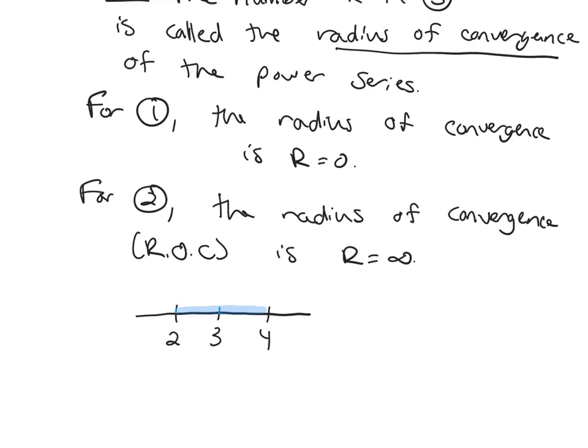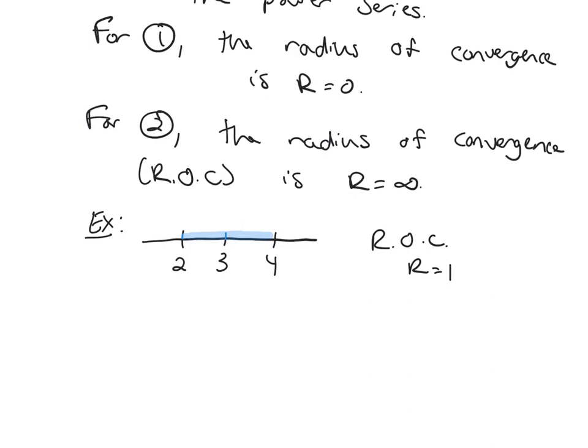So to get the radius, it's how high up from the center you have to go, or how low from the center. I have to go up 1, right? Down 1. So for this one, our radius of convergence was 1. This was our example from last time.